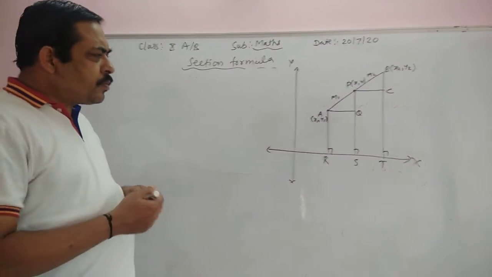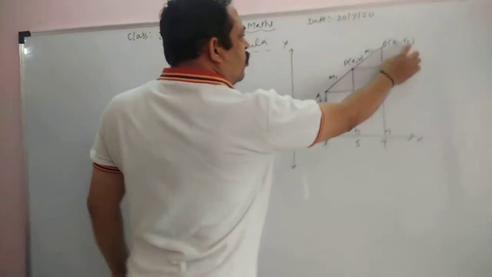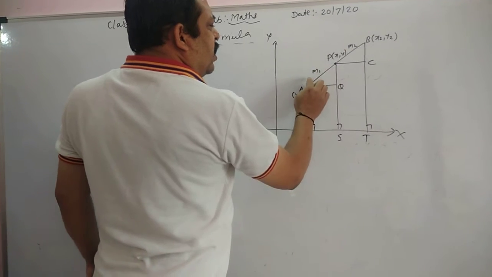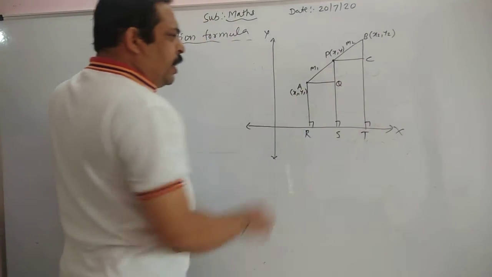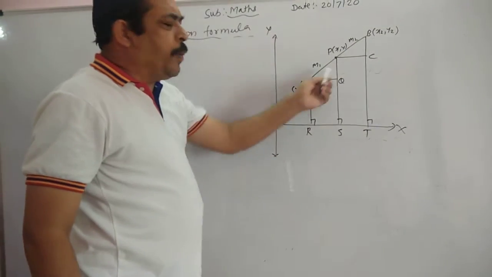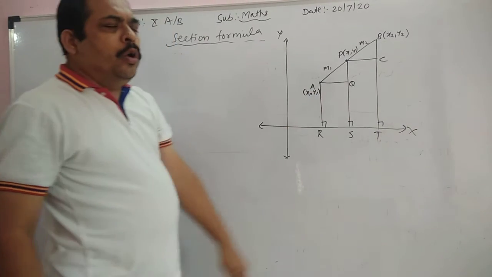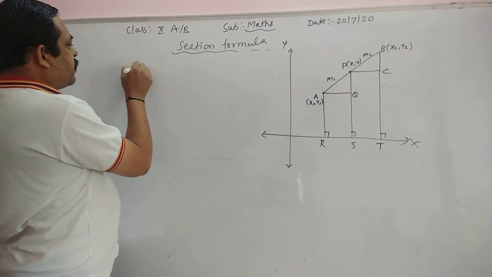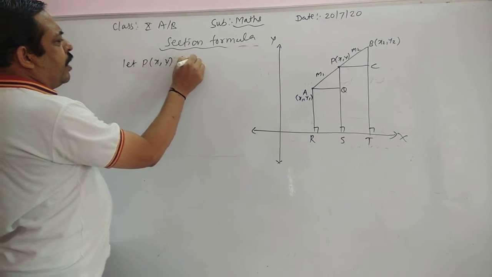For that we consider the 2 points A and B, (x1, y1) and (x2, y2). Point P divides segment AB internally in the ratio m1 as to m2. Then from points A, P and B we draw 3 perpendiculars on the x-axis, and from point A and point P we draw 2 parallel lines to the x-axis. Here first we consider, let point P be (x, y).